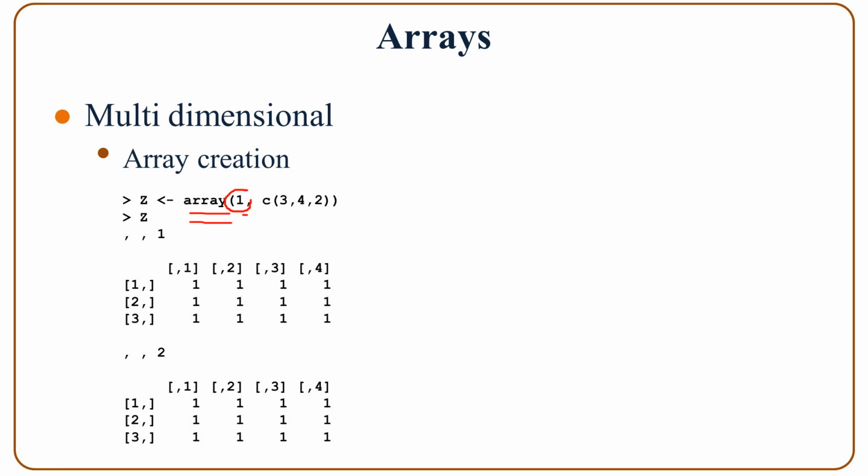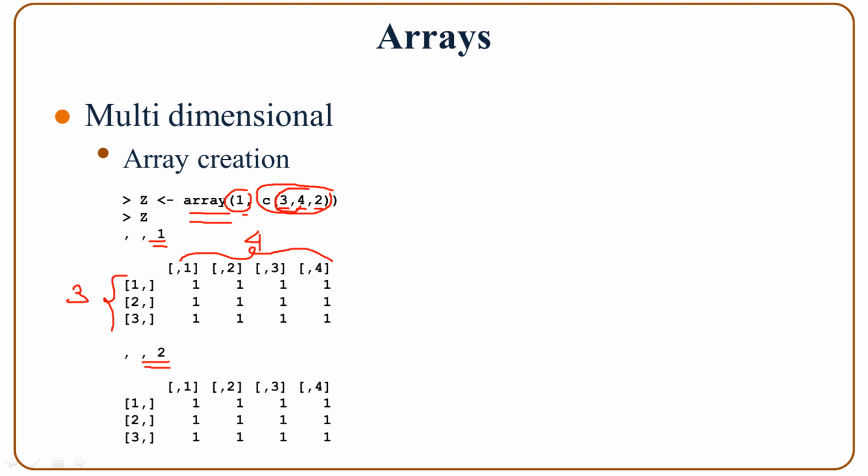And the second parameter is a vector specifying the first dimension, the second dimension, and the third dimension. So basically you have, let's say, 2 arrays on top of each other, and each array has a size of 3 by 4, right? So it's 3 by 4, and you have 2 arrays like that.